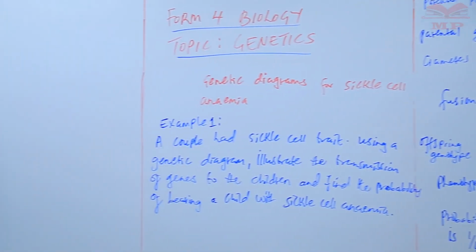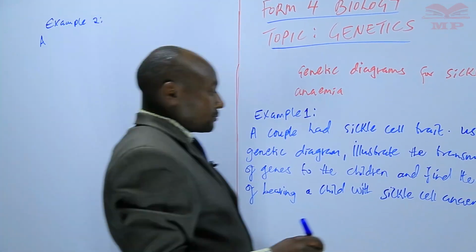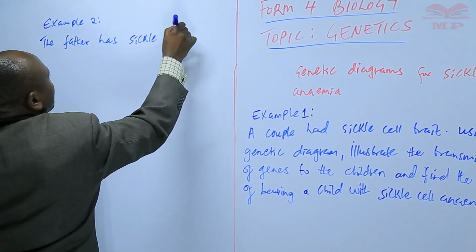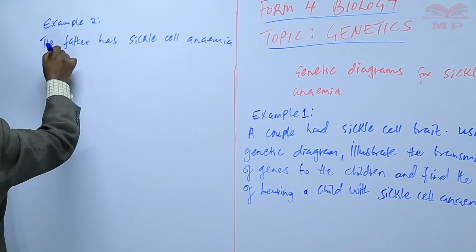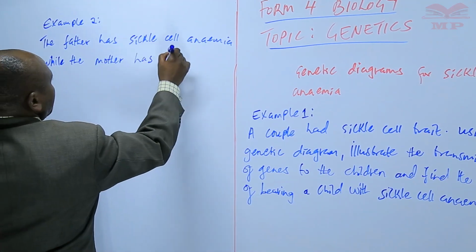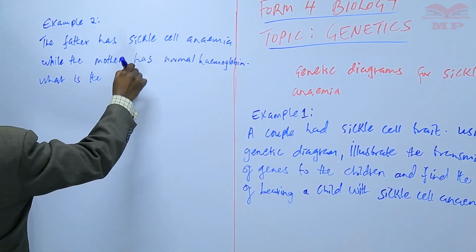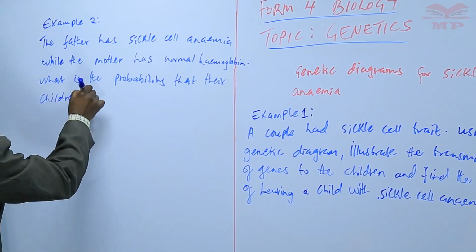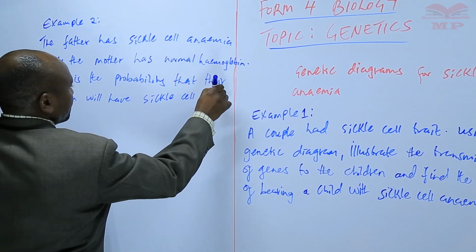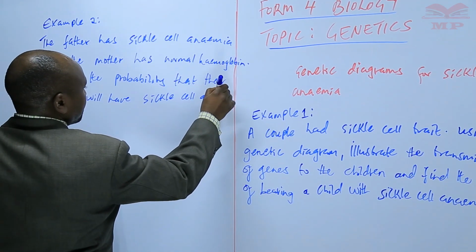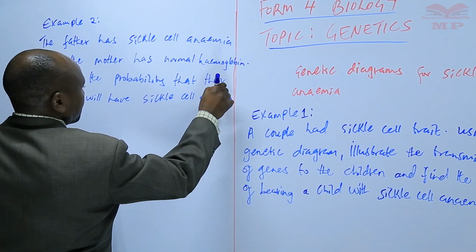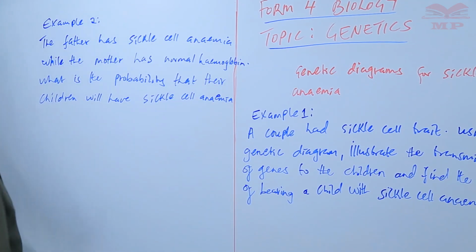Example 2. So we are told that the father has sickle cell anemia while the mother has normal hemoglobin.